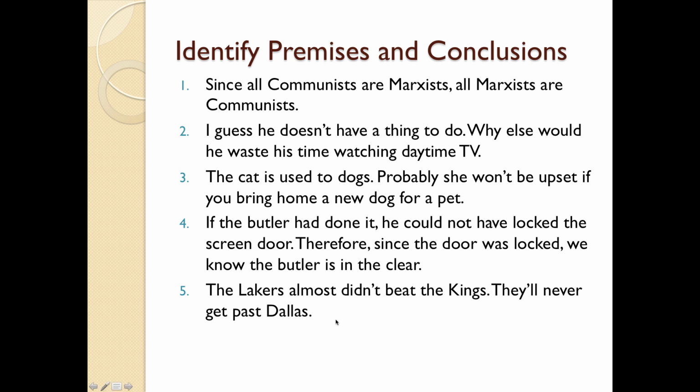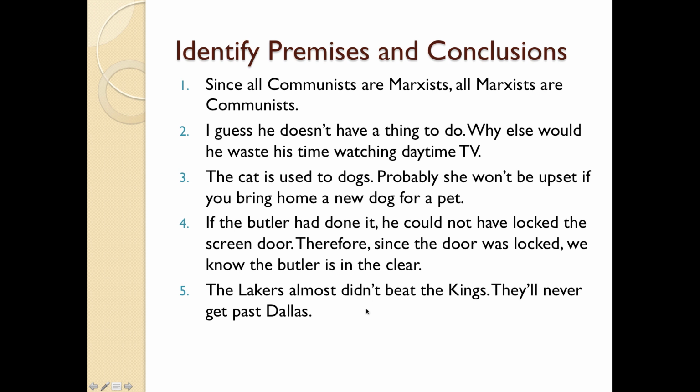Okay, and then finally, the Lakers almost didn't beat the Kings. They'll never get past Dallas. So in this example, I don't know if you've spotted it yet, but the second sentence, they'll never get past Dallas, is in fact the conclusion.